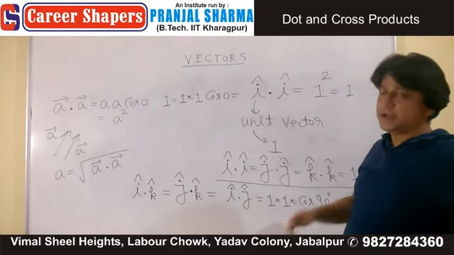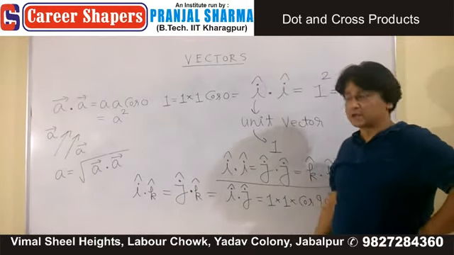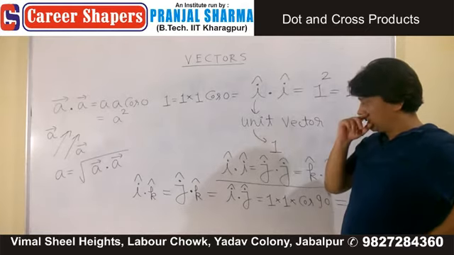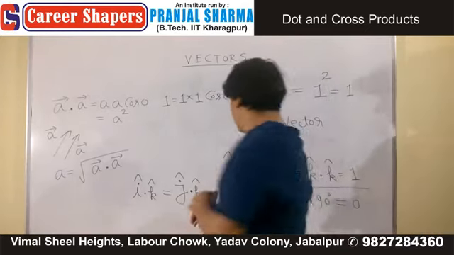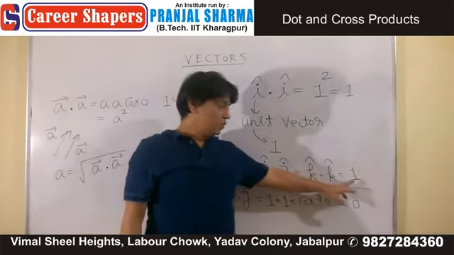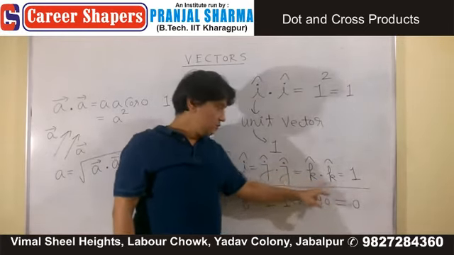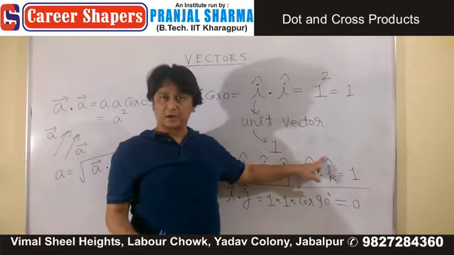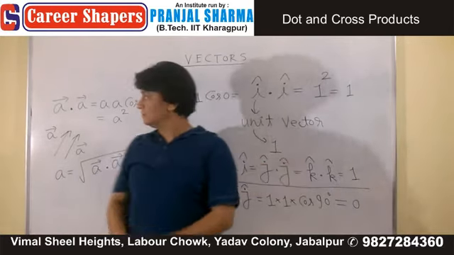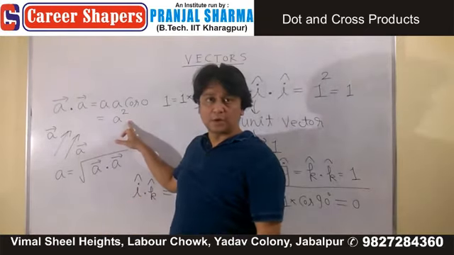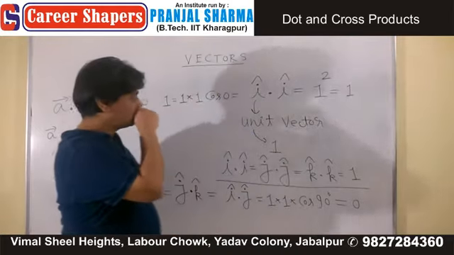Dot product of any two mutually perpendicular vectors is always 0. But this is 1 only if you are dealing with unit vectors. Otherwise, a square.